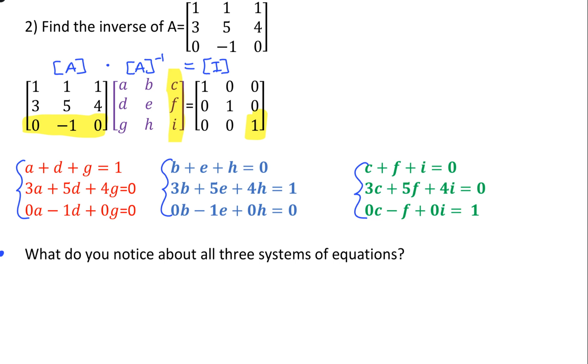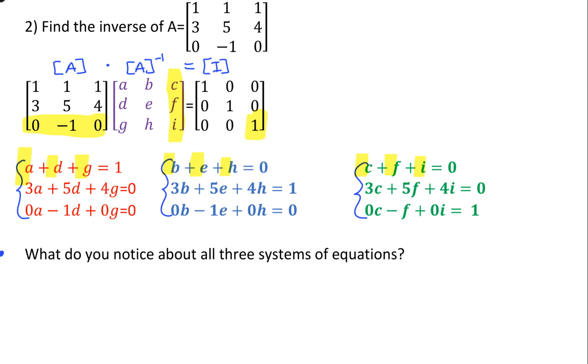Okay. So one of the things that you may have noticed is that all of the coefficients on the left are the same for every single system. For the first row, we have 1, 1, 1 in the blue and 1, 1, 1 for the green.